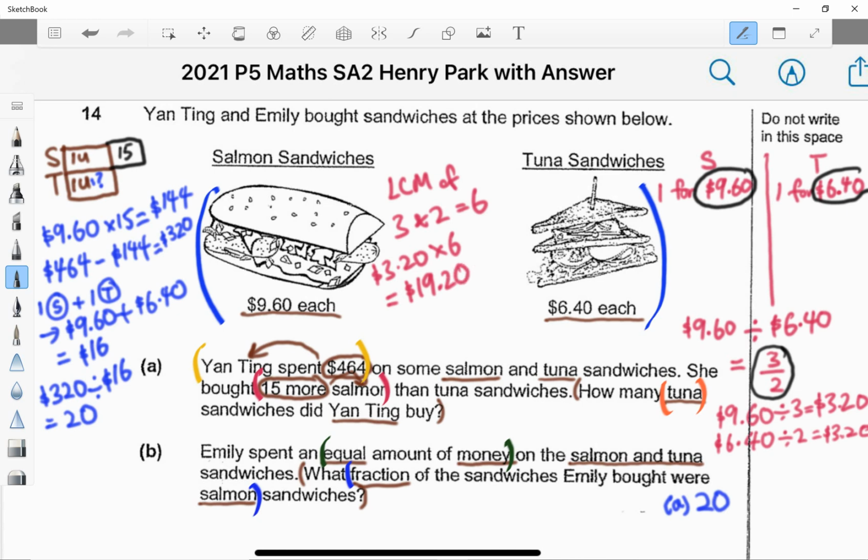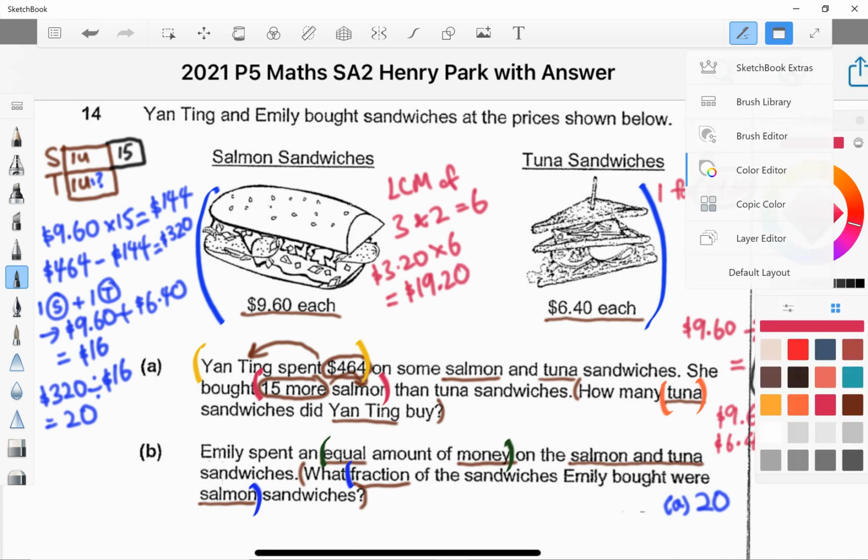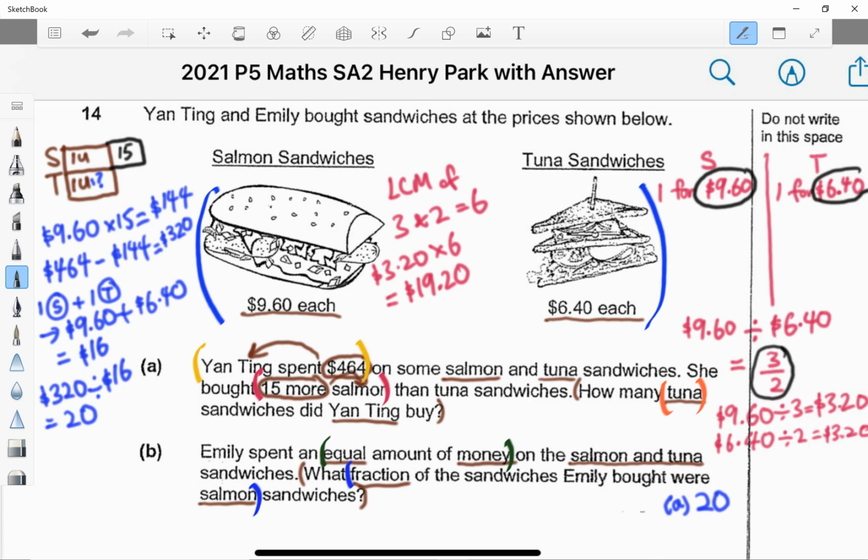And to get there, it means that I will need to multiply 960 by 2. So if I multiply by 2 on the right side, I will do the same for the left side. That means that for my salmon sandwiches, it's actually 2 for $19.20. Let me write it down neatly for you. 2 for $19.20.